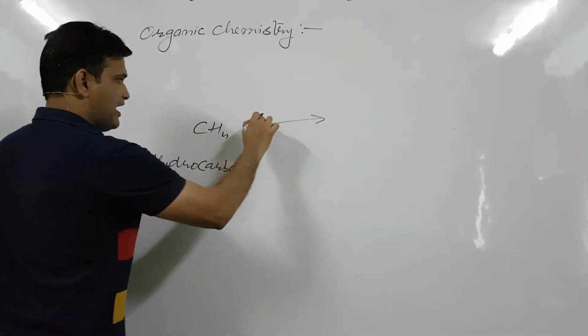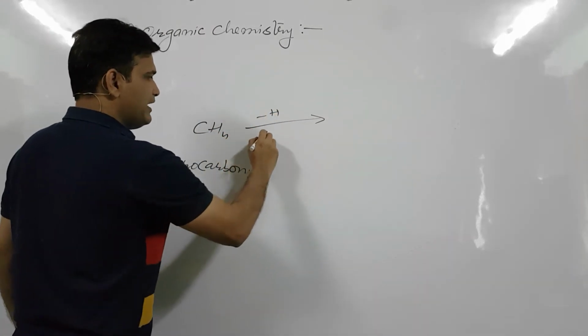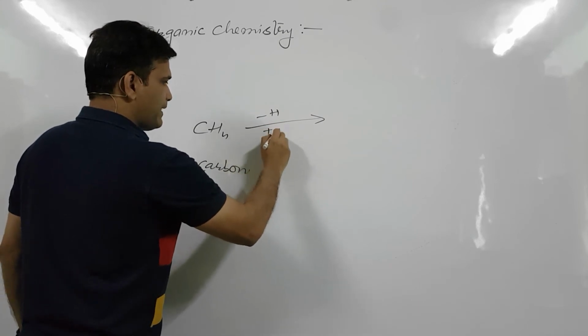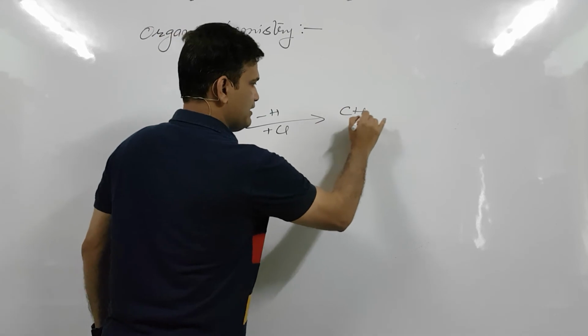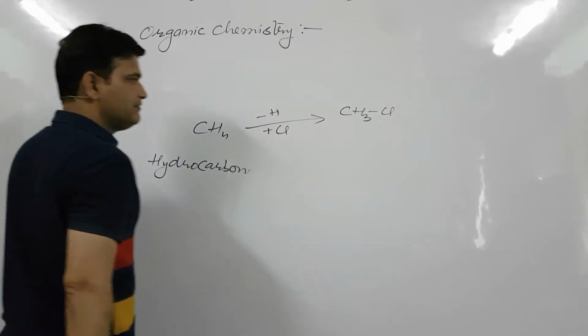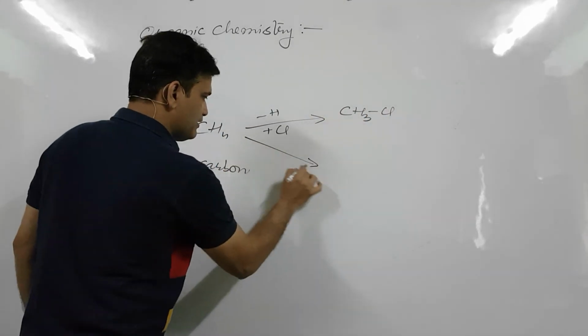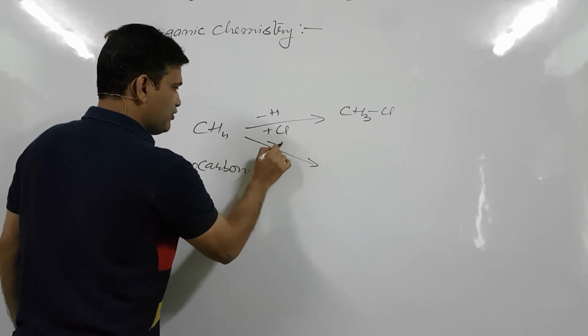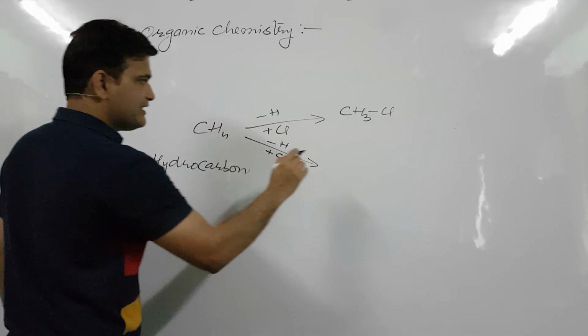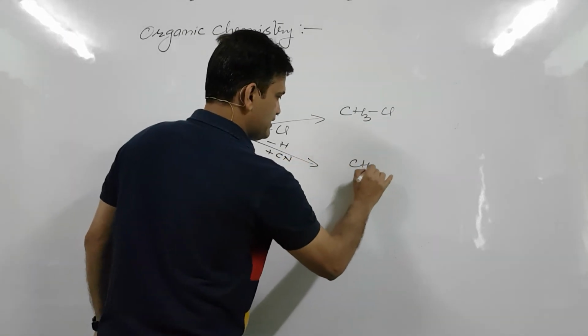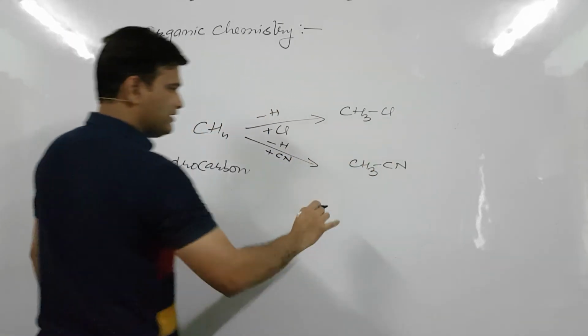If its hydrogen is removed and suppose Cl is added, it will be CH3Cl. Suppose its hydrogen is removed and CN is added, it will be CH3CN, methyl cyanide.